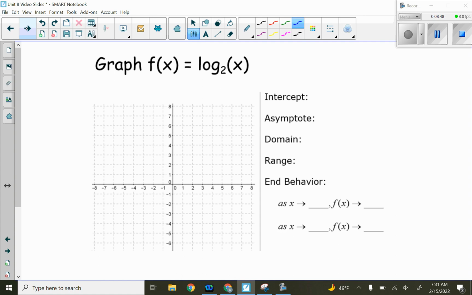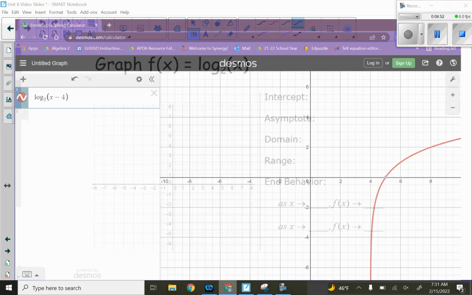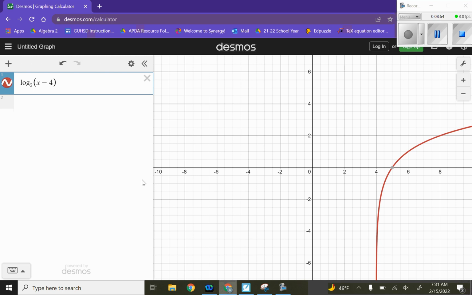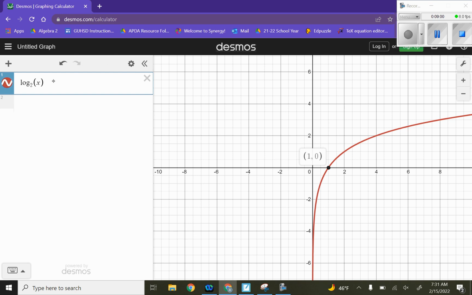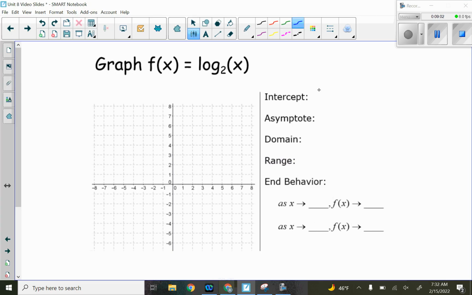All right. Last example. Graphing using Desmos to help us out. So we have log base 2 of x. Our intercept is at (1, 0).